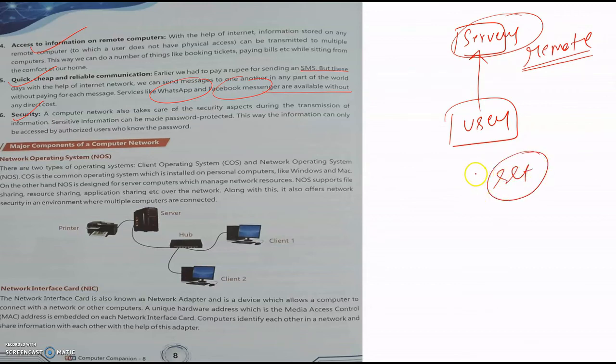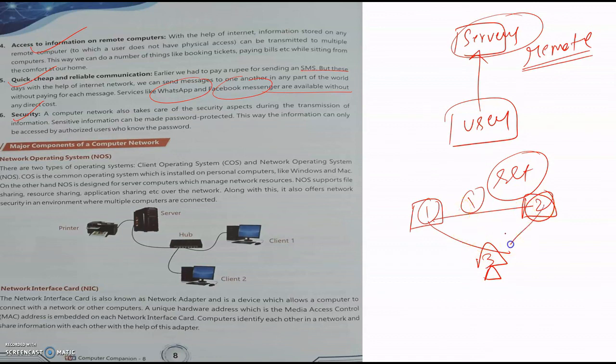Suppose this computer system is sending a file to system 2, and it sets a password on the file. Then system 2 can only access that file if they have the same password assigned by user A.